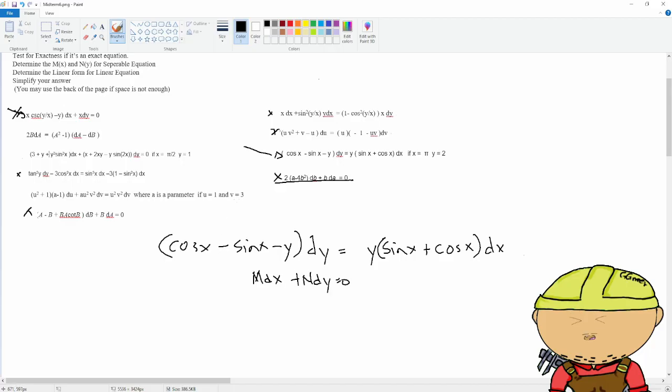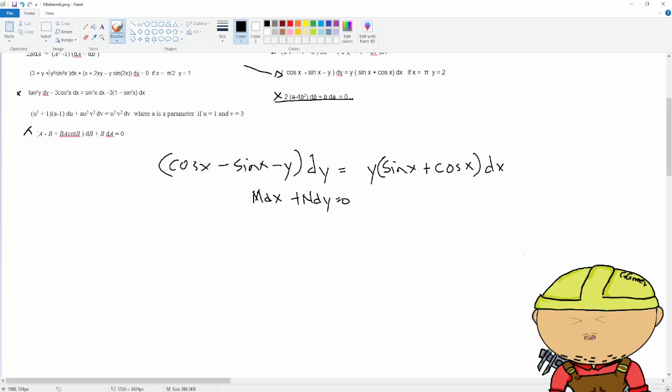It's much easier to solve problems if they're in the general form. So I'm going to transpose dy to the opposite side, so this becomes y sine x plus cosine x, negative cosine x, positive sine x, positive y dy.